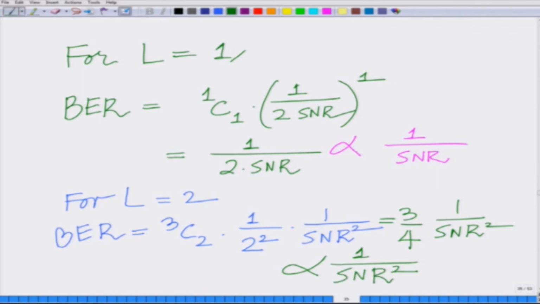So, for L equal to 2 antennas, the bit error rate is decreasing as 1 over SNR square. And now, let us see what happens with L equal to 3 antennas.